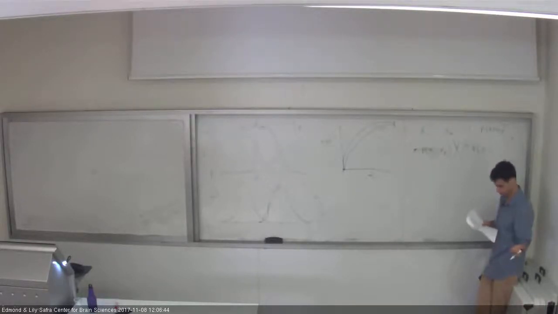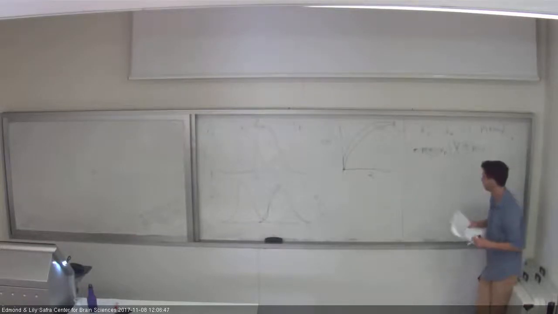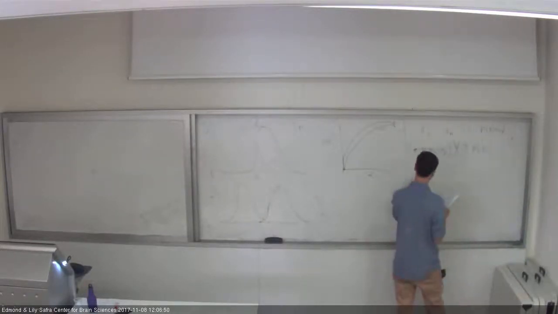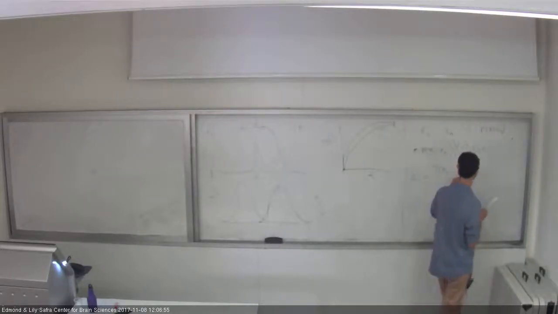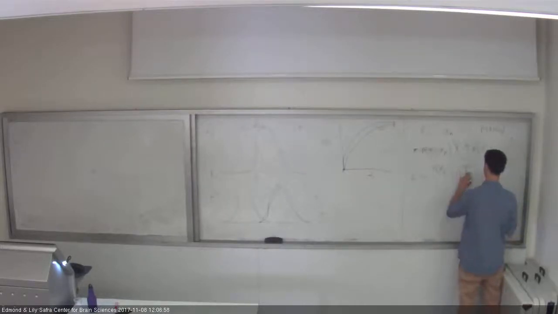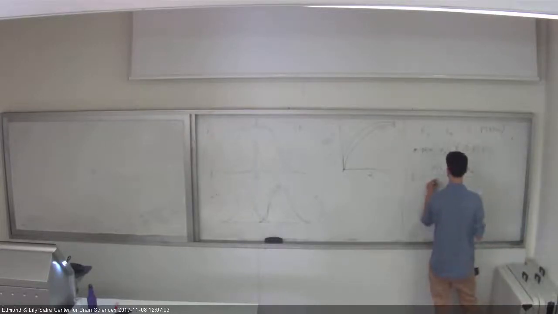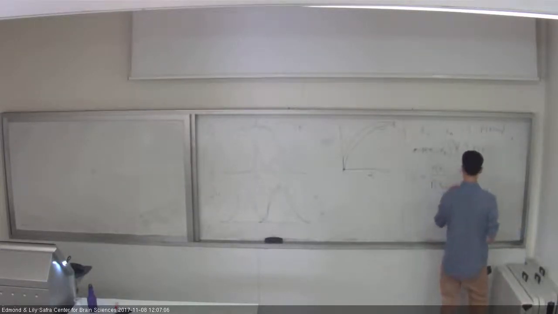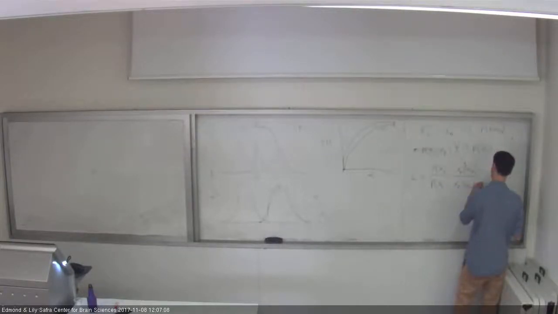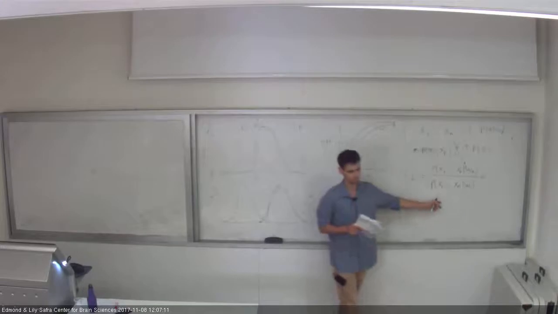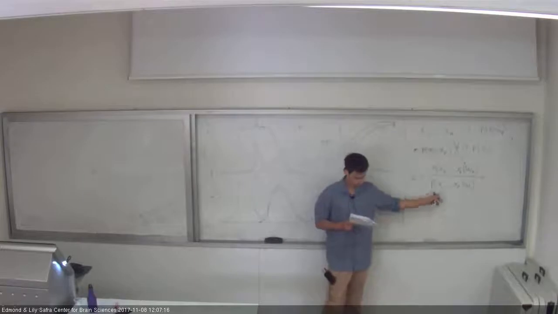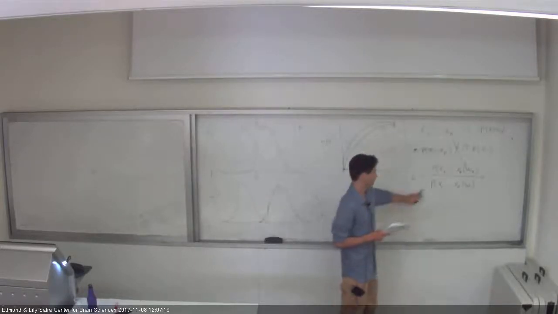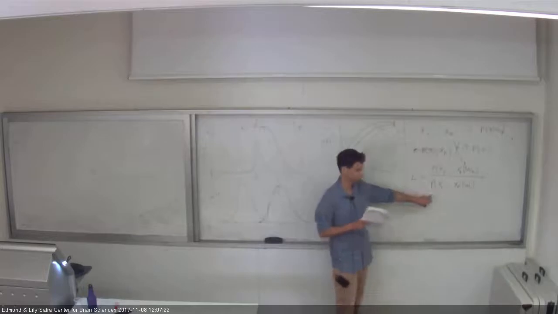factorize the likelihood ratio test. So we know that the likelihood ratio test is P of x1 to xn given omega 0 divided by P of x1 to xn given omega 1. This is the likelihood ratio test for multiple observations. And now, how can we decompose it?